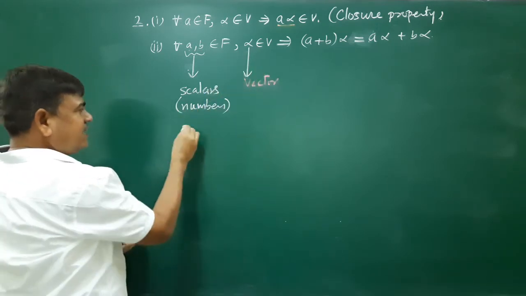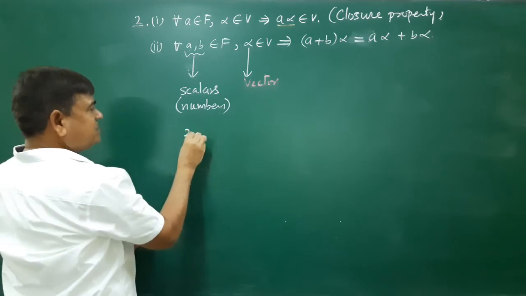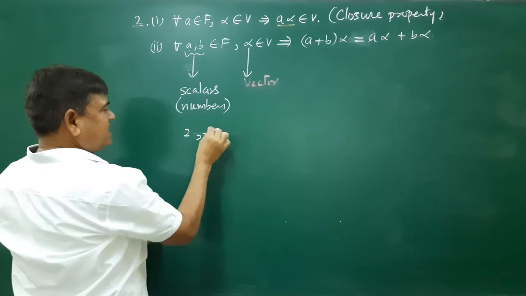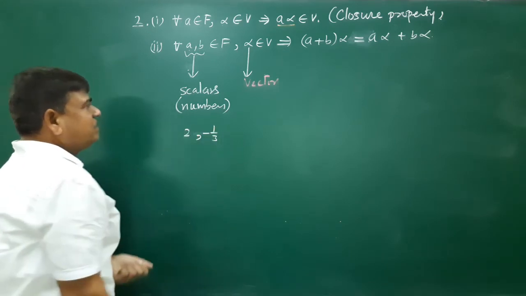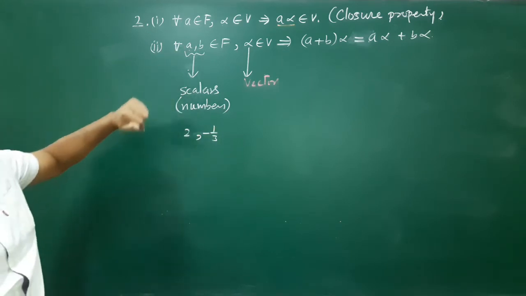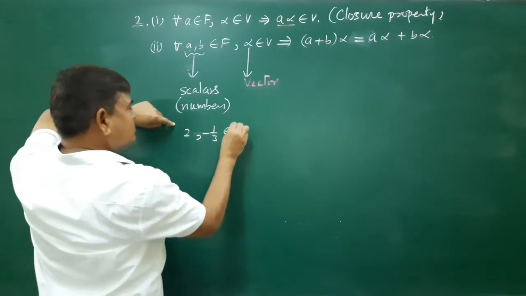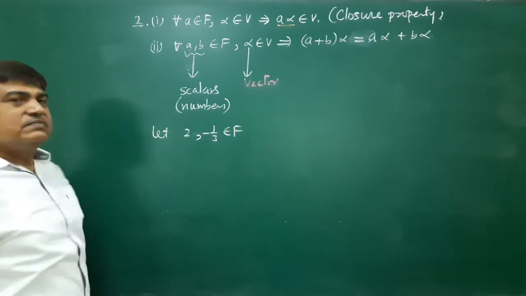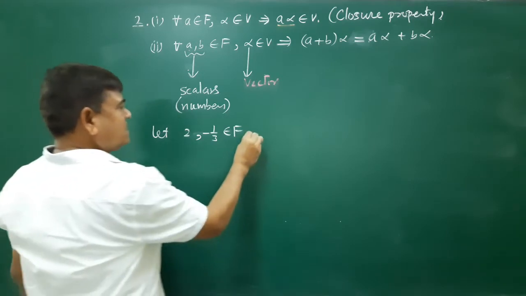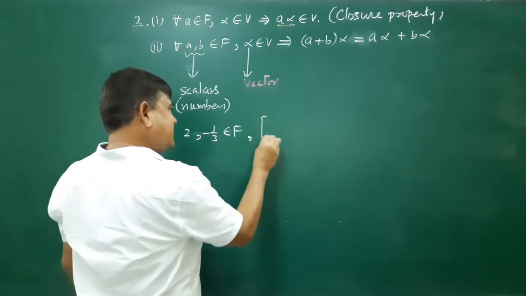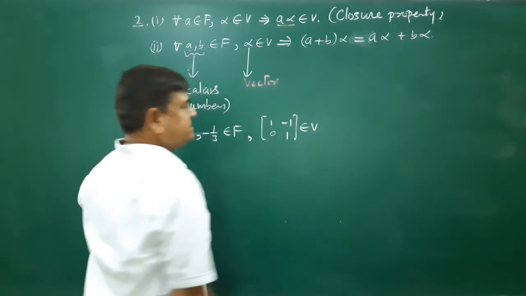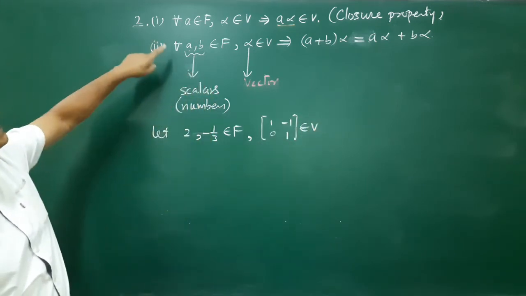For example, I write one number that is 2 and the other one, suppose I say minus 1 by 3, belongs to F. And this is the matrix 1 minus 1, 0 1, which belongs to V. Look at this.